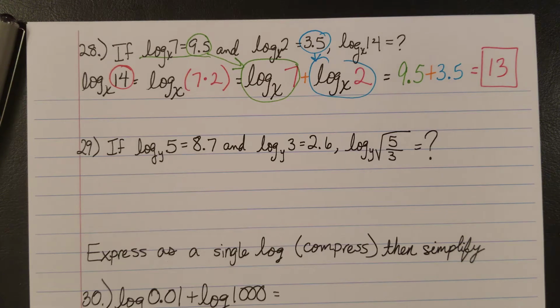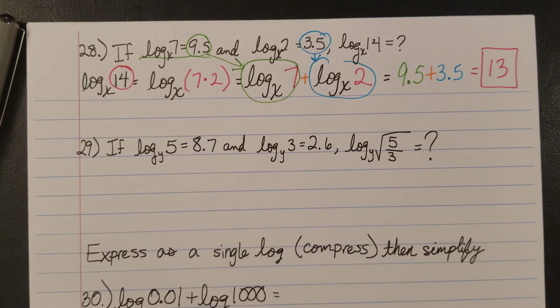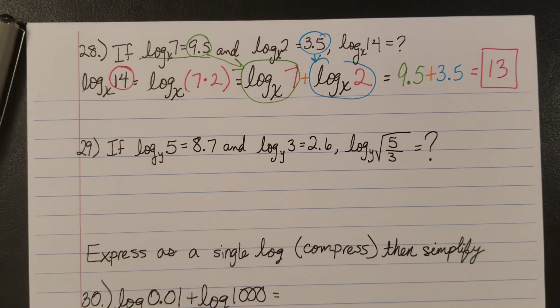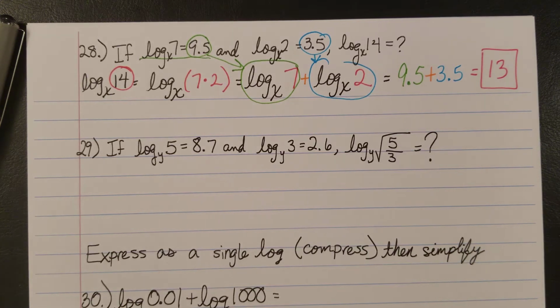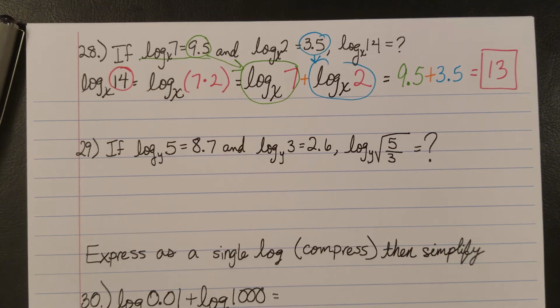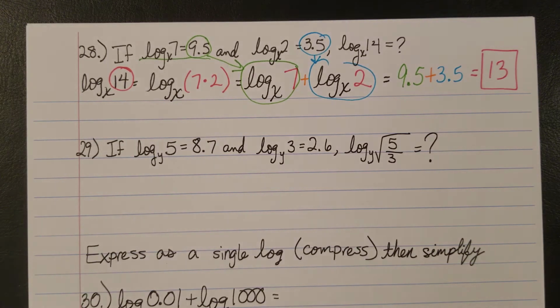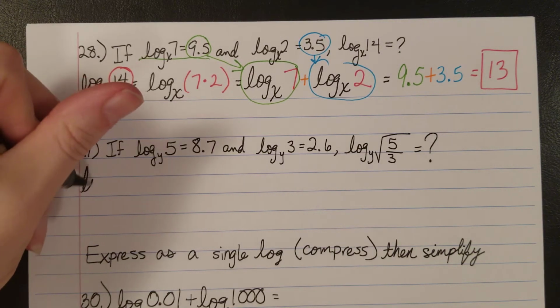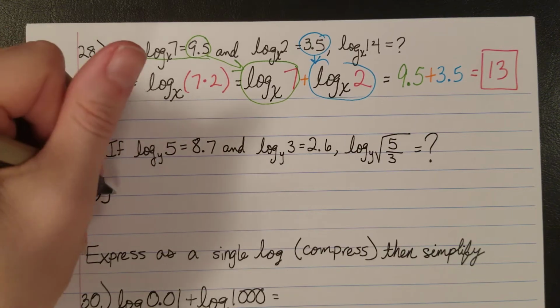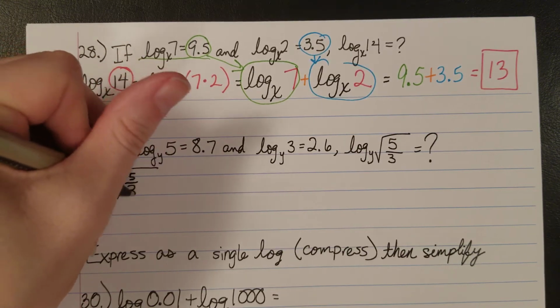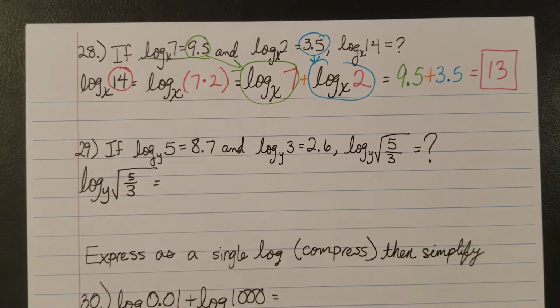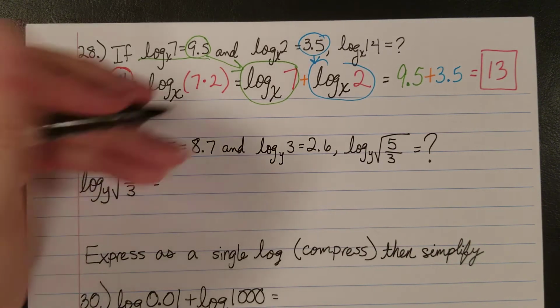Number 29 is similar. So it tells us that log base y of 5 equals 8.7 and log base y of 3 equals 2.6. And then we want to use that information to evaluate log base y of the square root of 5/3. Okay. All right. Well, first of all, I'm going to change the square root to the 1/2 power.